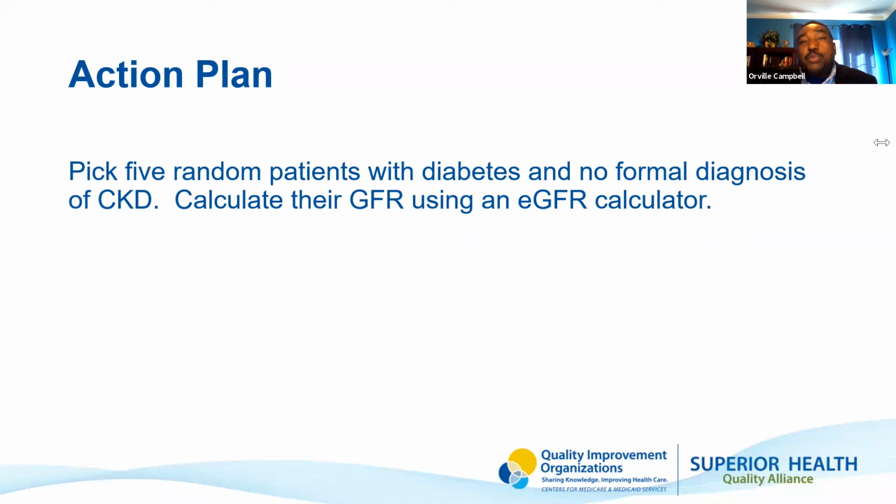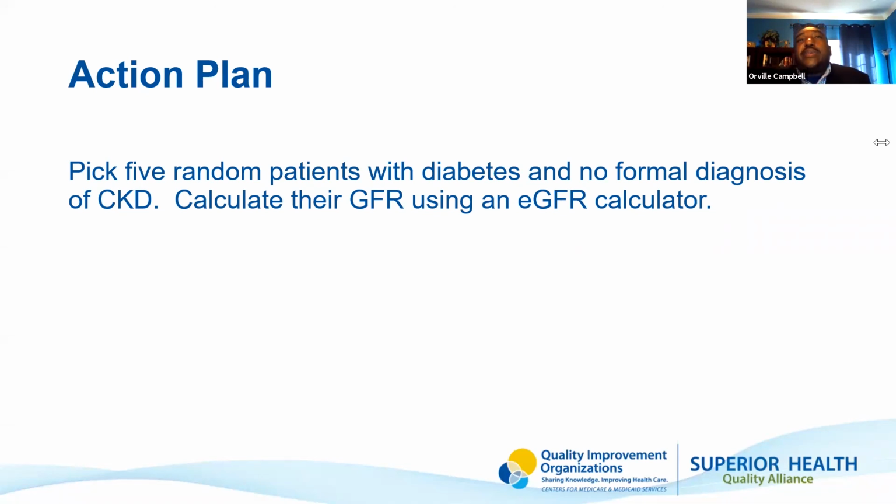So it would change the management based on assigning them to the correct stage. Someone who may be at 70 may actually be at 59, and that's a different discussion from stage 2 to stage 3. So that's how it will change the management.